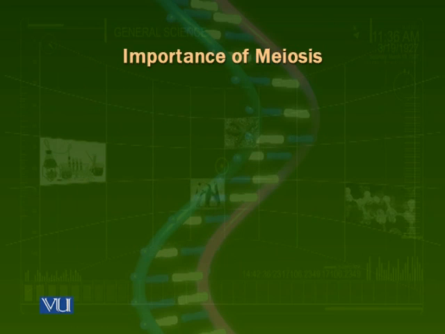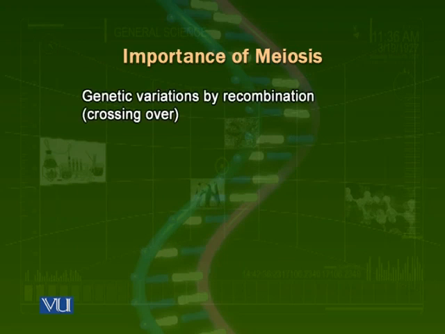Now we talk about the importance of meiosis. What is the importance of meiosis? The most important feature of meiosis is the genetic variation by recombination. As we know, the natural environments in which organisms are living are always changing. The temperatures change, sometimes an earthquake comes and the whole environment is changed.